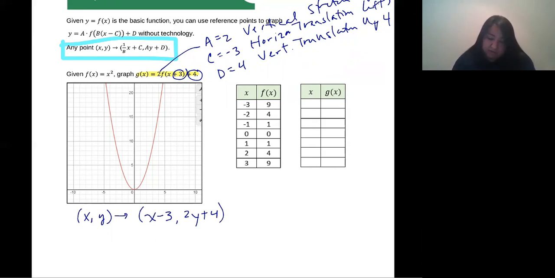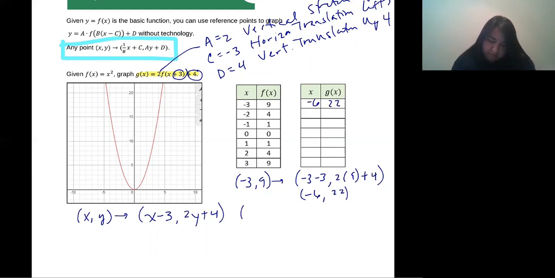So notice I start with -3, 9. If I start with -3, 9, I know that I'm going to take -3 minus 3, and then 2 times my y value of 9, and add 4 to it. So this becomes -6, 22.